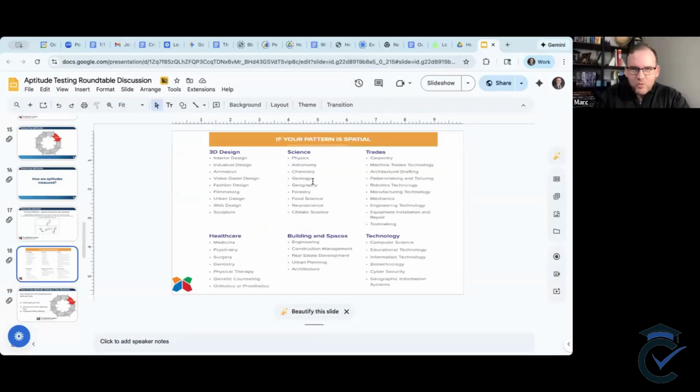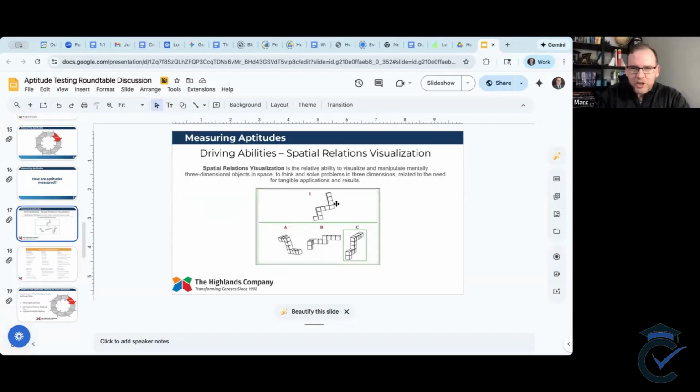So we measure it by showing students a series of blocks. And then the assessment will say, hey, if we were to rotate this down and then rotate it to the right, click on the one that would work, right? So the assessment isn't a bunch of yes or no questions.